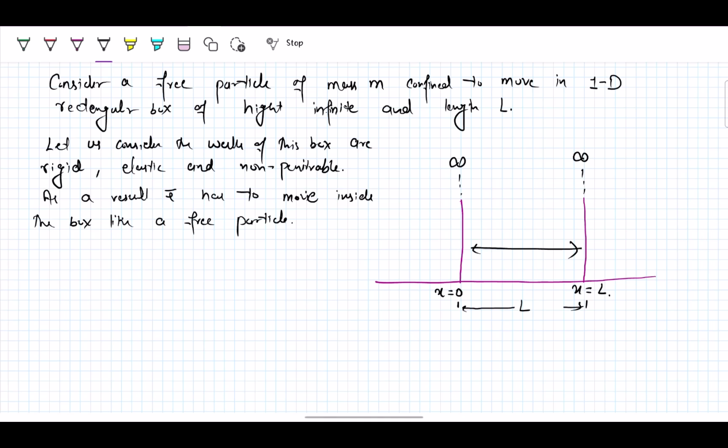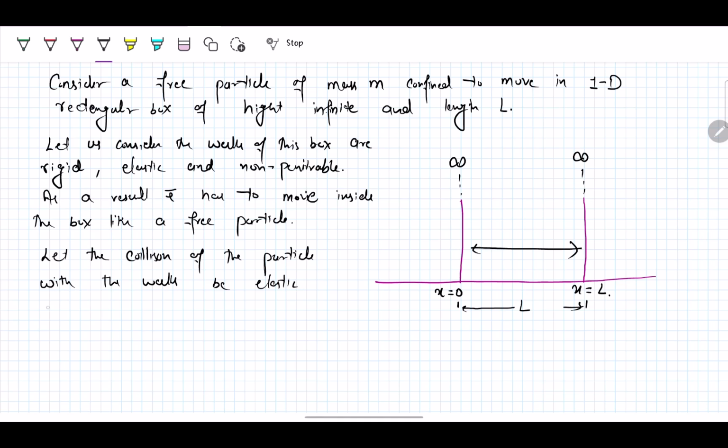Okay, now during its motion, it may collide with the walls of this box. All right, so we are also considering that the collision of the particle with the walls be elastic, right?